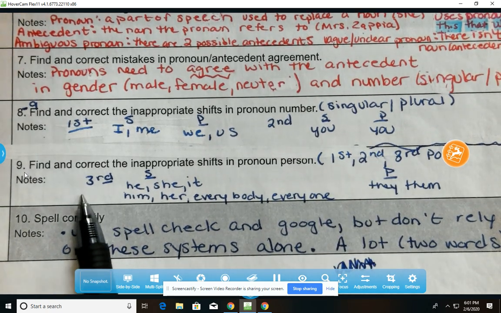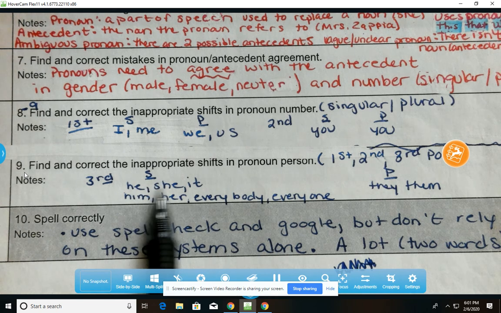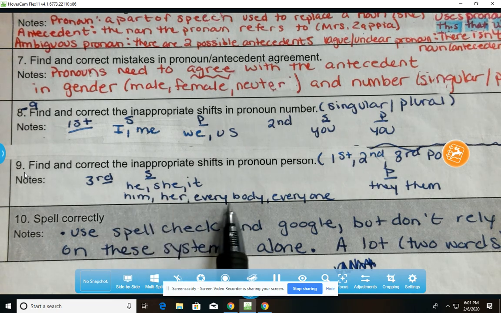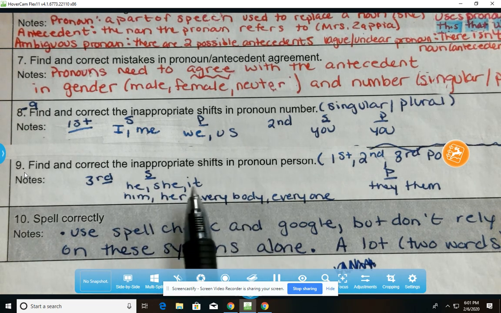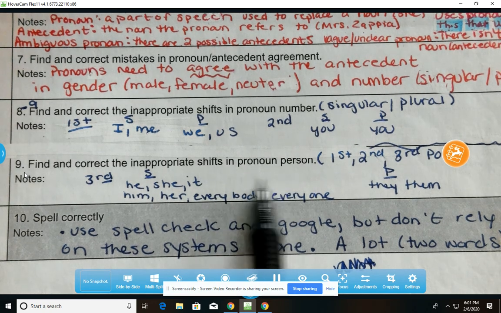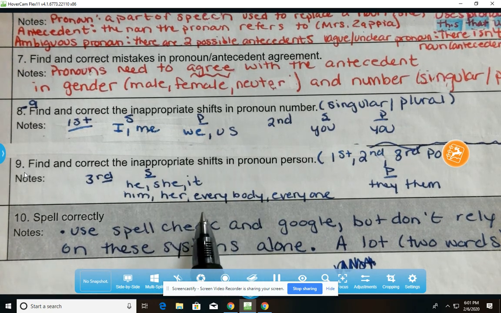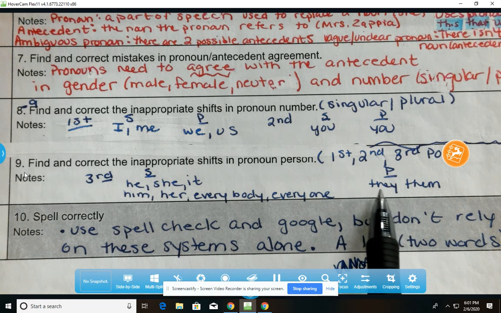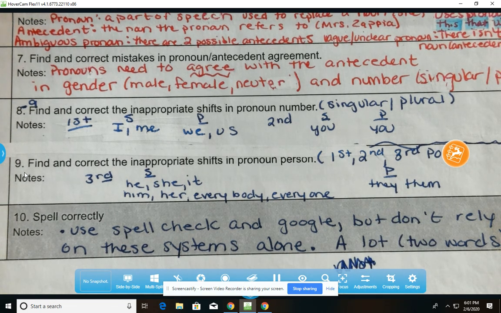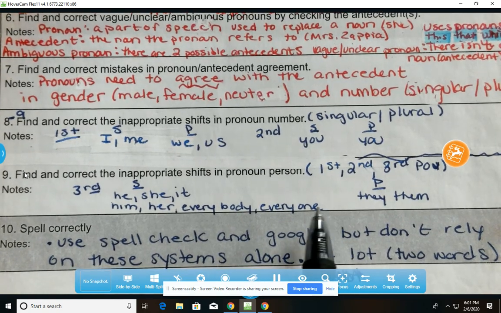In the third person, he, she, it, him, her, everybody, everyone, somebody, someone are all singular pronoun references, whereas plural will be they, them, as plural references for that third person plural.